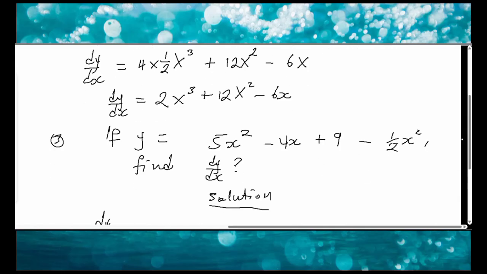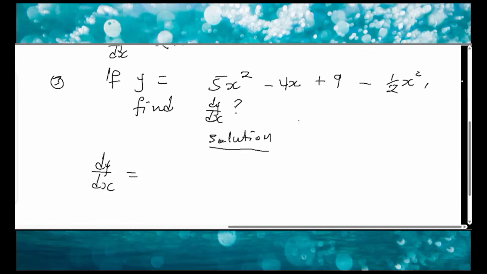We know that by this time, we know we're just going to take the derivative of each of the terms separately. So we take the derivative of this. After that, we take the derivative of that, we take the derivative of this, and we take the derivative of this one too, right?